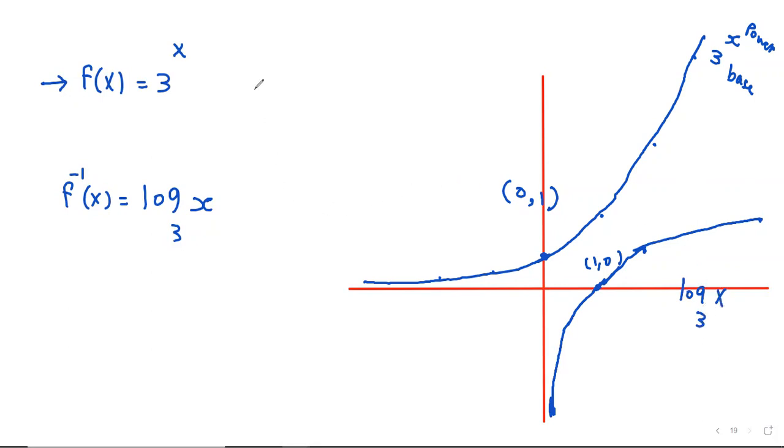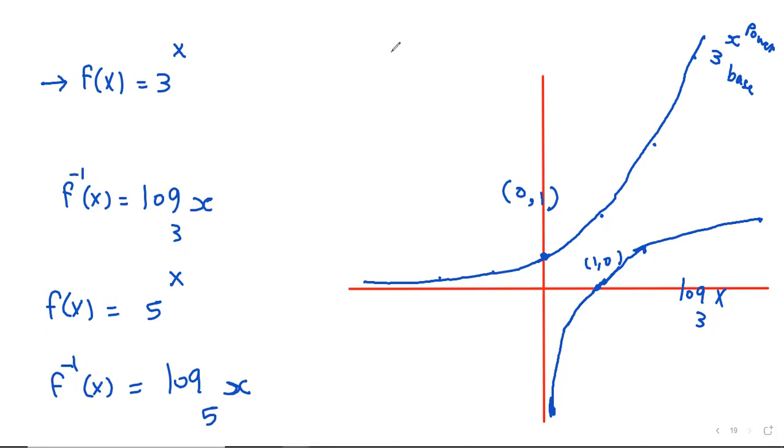And this function is the inverse function of 3 to the power of x. So if you have a function like f of x equals 5 to the power of x, the inverse function of this function is going to be log x in the base 5. Okay, that's it.